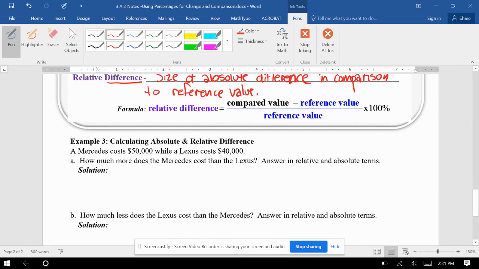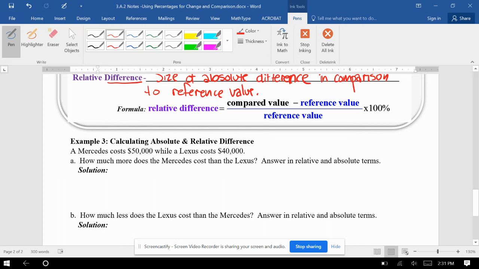So let's take a look at this. Instead of something over time, let's compare a Mercedes to a Lexus. Say you're looking at these two cars, and I know these prices are probably not close to what they really are, but let's pretend they're used or something. So I have a Mercedes that costs $50,000, while a Lexus costs $40,000.